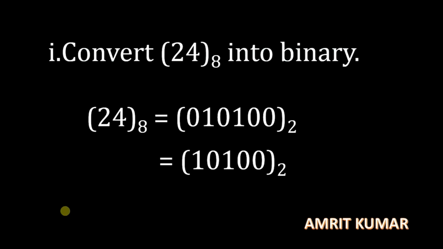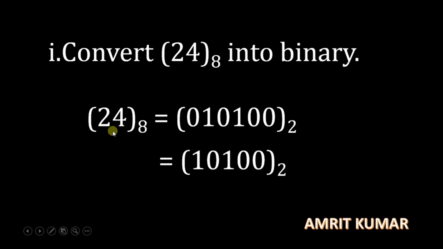That's why I'm using this property, that each digit of an octal number must be represented with 3 bits, and therefore I am using 3 bits here. And again, this is also a digit, so you need to represent it with 3 bits, therefore I am using these 3 bits.